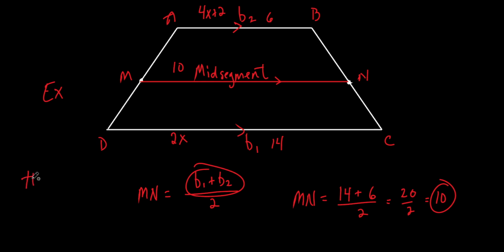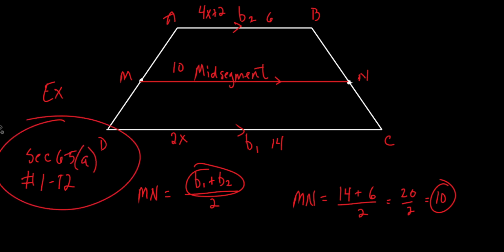We're still not finished. So your homework is 1 through 12, section 6-5A. That is due tomorrow. Watch the video on that last example. We didn't get to it today, so watch the other class, they're the red class, on YouTube. And then you should know how to do it.